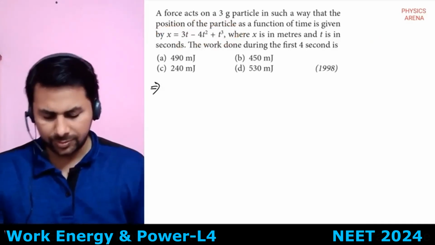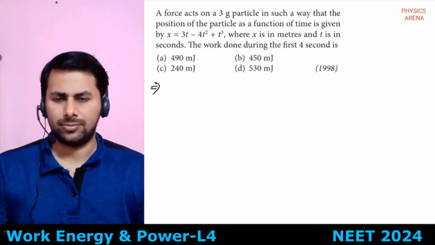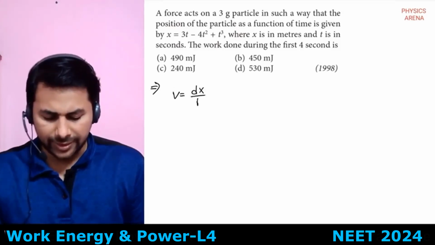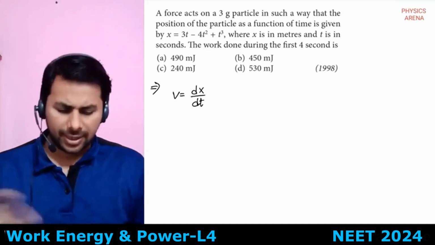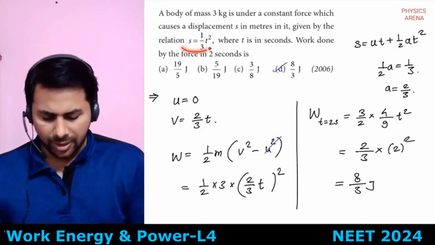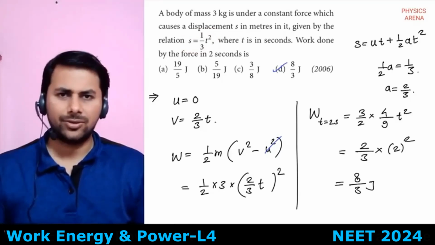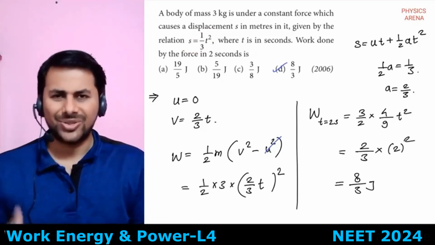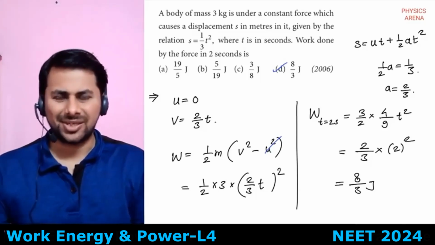So what should we do? v is equal to dx by dt. We could do that in the last one also, but there we could just compare, since we had t², so s is ut plus half at², and comparing gives u equals 0.